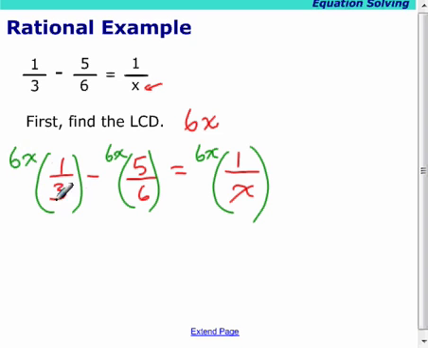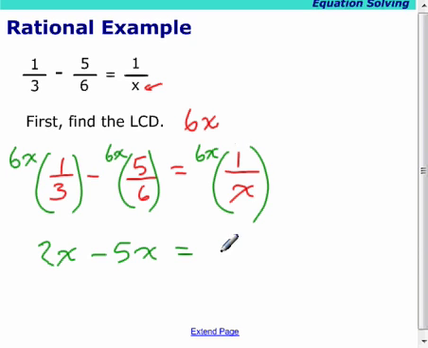Now when you simplify, the 6 goes into 3 twice, so with this first term I'm left with 2x. Notice no fraction. I don't have to write that denominator on the bottom. I'm multiplying every term by the same number. That's legal to do, and when you do that you lose the fraction. The 6's cancel, here I'm left with 5x.